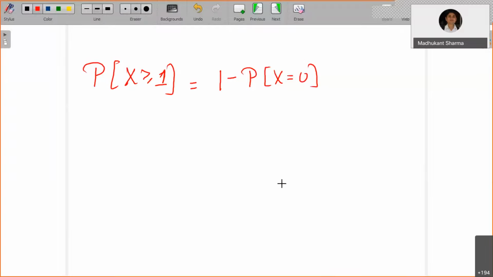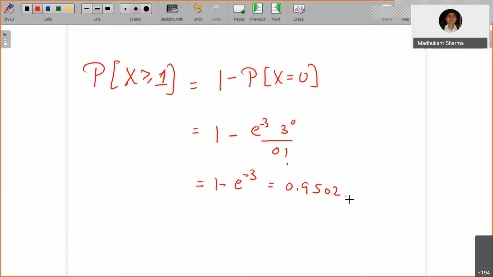You can do the other way as well. So that's 1 minus e to the power minus 3 times 3 to the power 0 divided by 0 factorial, which is 1 minus e to the power minus 3. The final answer is 0.9502.